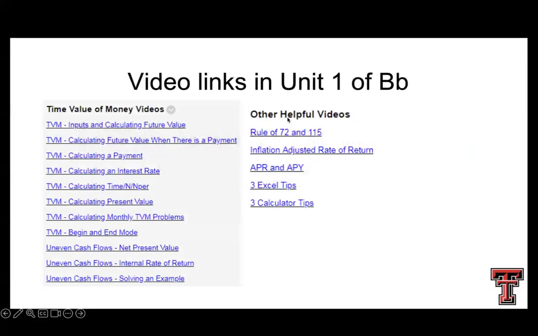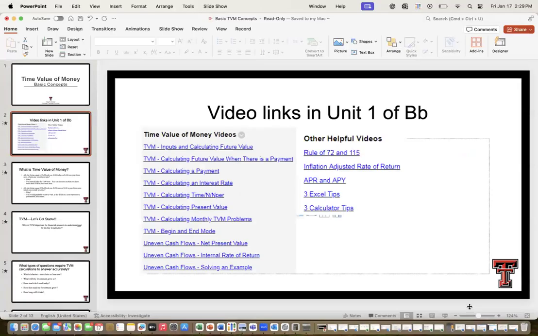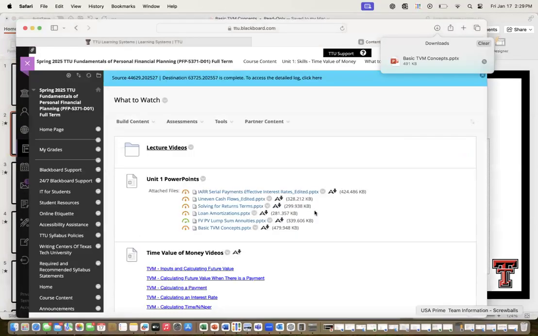So just so you know, there are some video links in Blackboard that are going to be extremely helpful to you. In fact, I'll go ahead and pull those up real quick right now, just so that you can see exactly what I'm talking about.